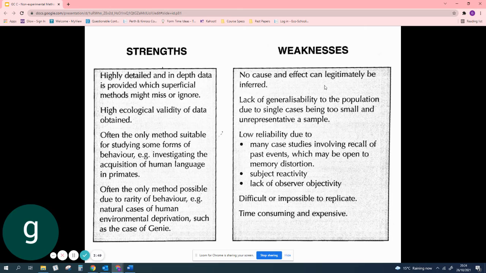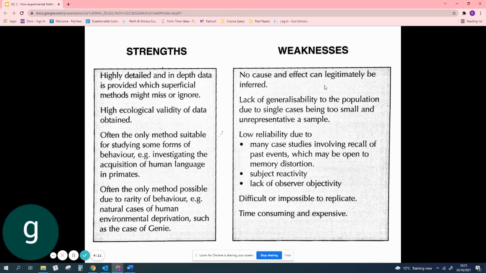It's often the only method suitable for studying abnormal behaviours, complex behaviours or behaviours that change over time, and good for investigating things within the animal design, which of course is my area of interest. Often it is the only thing that is possible to use when you're analysing complex human behaviour.